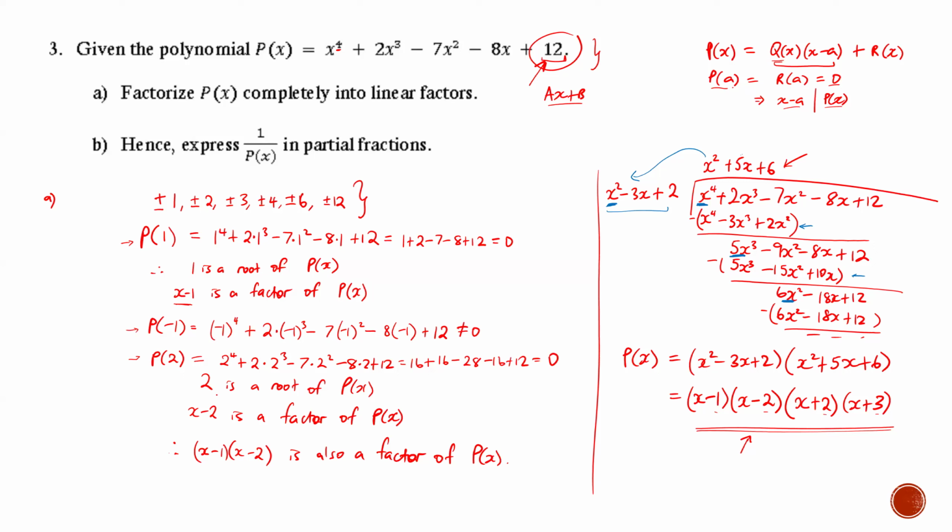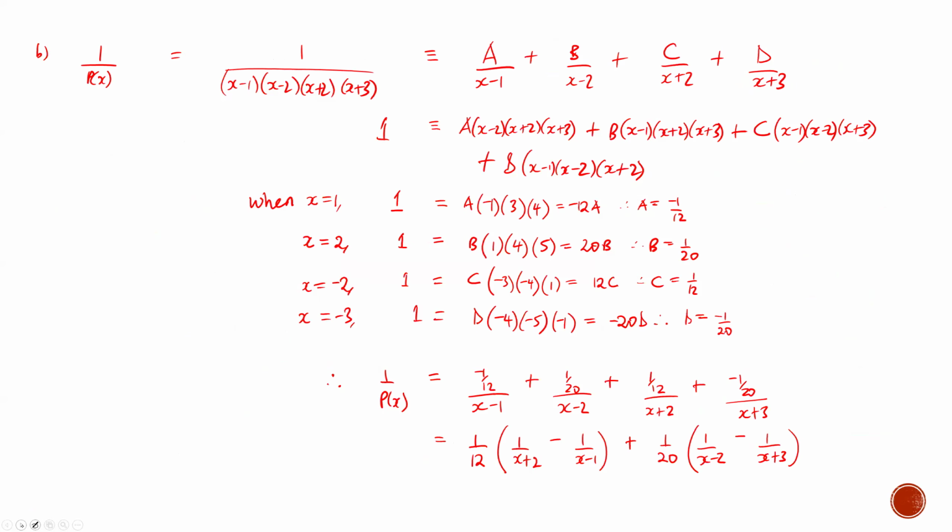But yes, if you try out the factors of 12, you'll get the answer. It's just that it may not always work. It may not always give you all the factors. So at this point, I'm going to let the presenter for the next question take over, and then we'll continue from there.